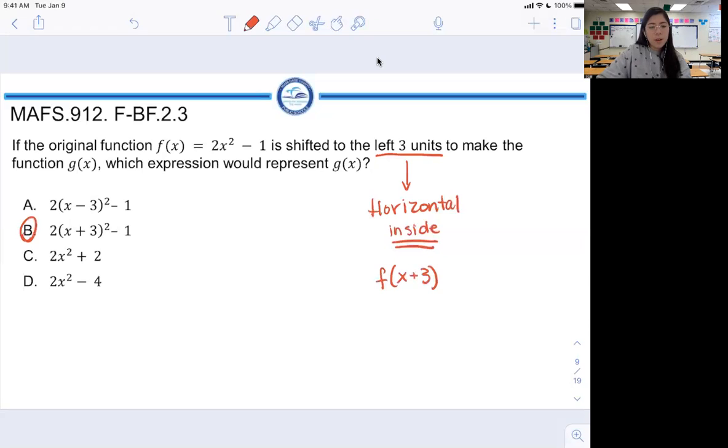Exactly. What would answer choice A do? How many units or what direction would that one take you in? This would be to the right. What about C? Yeah, this was up. But not 2 units up. How many units up is C?